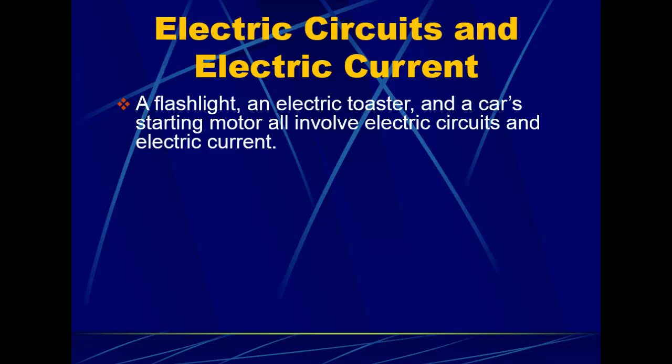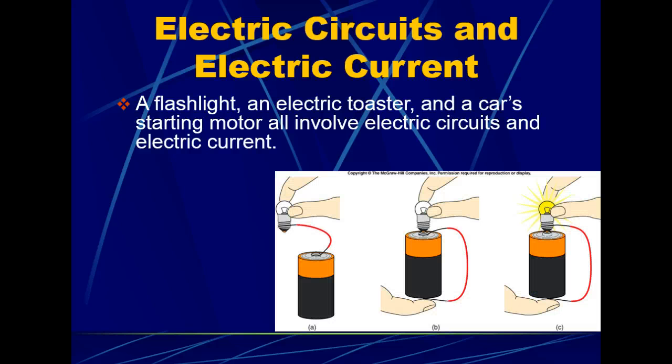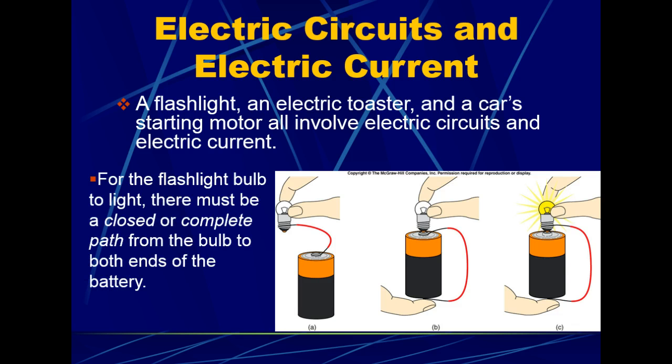When we start looking around us at our everyday lives, our cell phones, our computers, even something that seems as simple as a flashlight or your toaster, it all involves electric circuits and electric current. If we were going to take a single wire to light up a light bulb with a battery, there are several configurations.